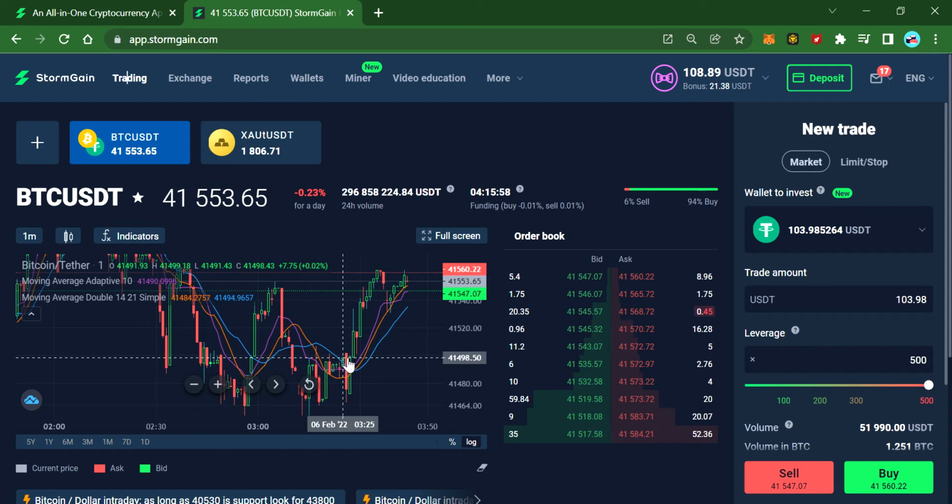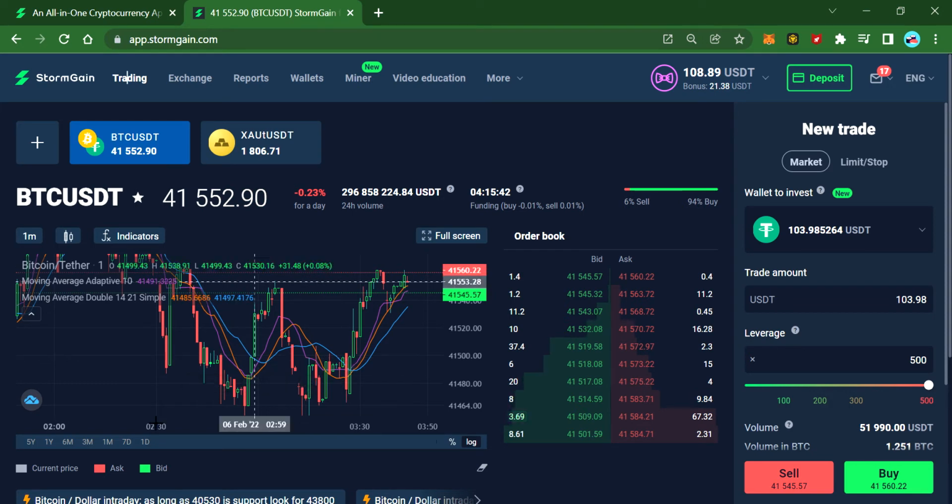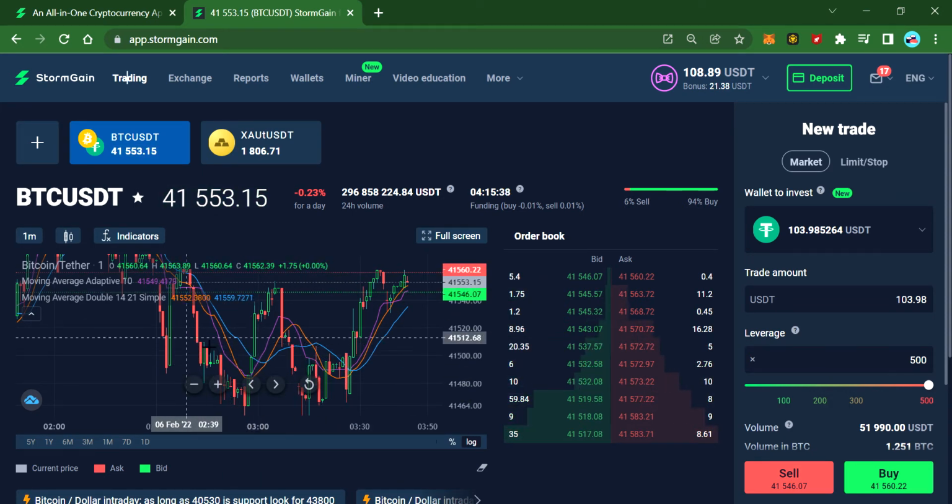So for long-term trend, you can use only lower leverage, 5x. For midterm trend, you can use up to 10x, but more than that is not suitable for midterm trend.